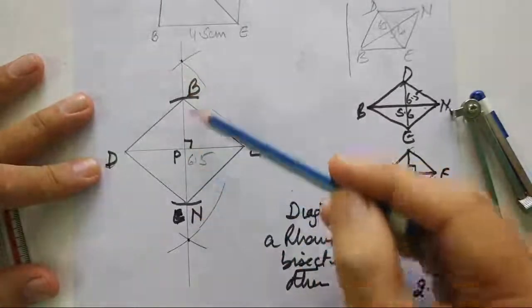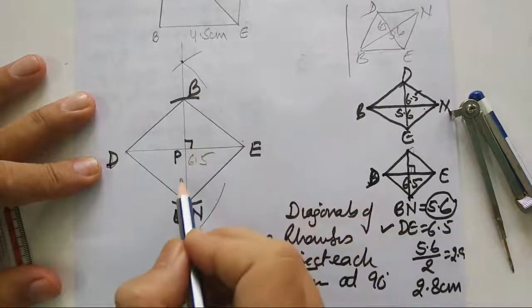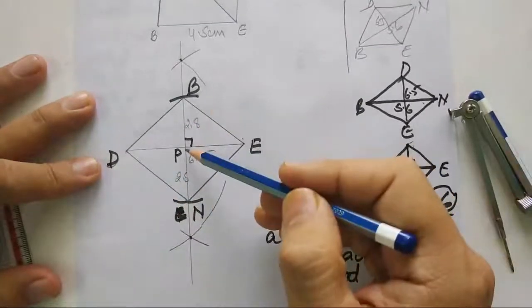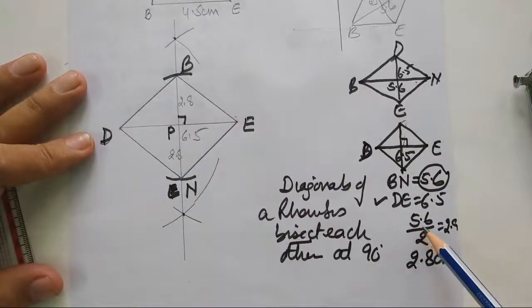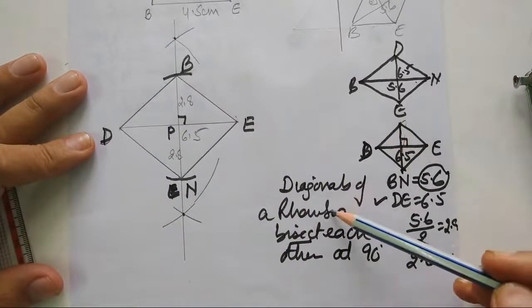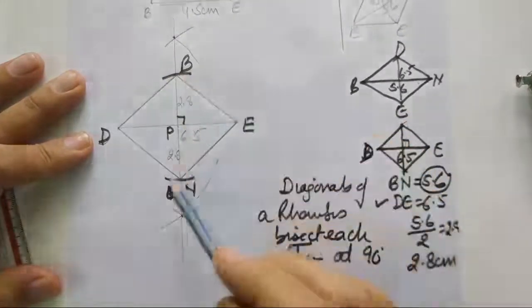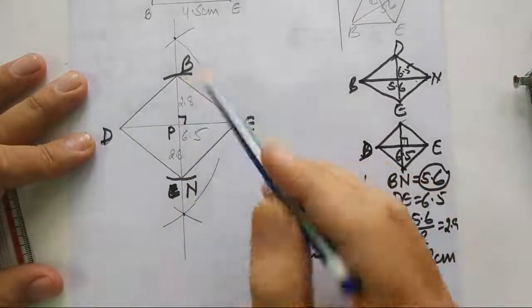These are only for making this line. We have measured 2.8 and 2.8. And how did 2.8 come? I have shown you just now, half of 5.6, because diagonals bisect each other. So keep compass here, cut this arc and cut the arc down and join this.